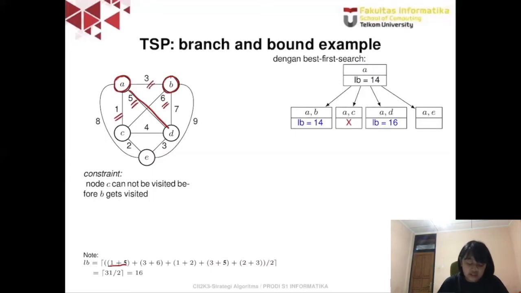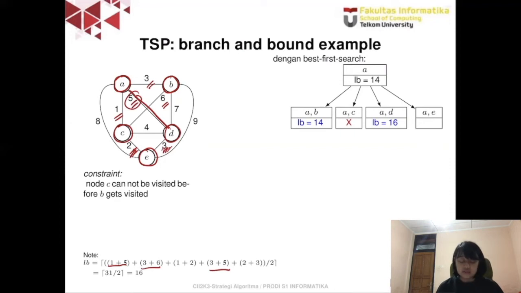So we have 3 plus 6 here. For C, again, we choose 1 and 2. For D, we choose 5 because it is part of the solution, so it must be considered. And then we choose 3 because it is the lowest we have that is attached to D. So we have 3 plus 5 here. And for E, we can choose 2 and 3 because they are the lowest ones attached to E.